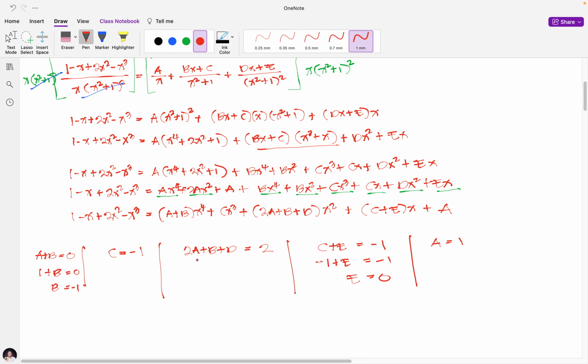And lastly, for d, substitute natin: 2 times a is 1, b is negative 1, plus d equals 2. So this is just 1 plus d equals 2, therefore d is equal to 1. Okay? So we have these values.